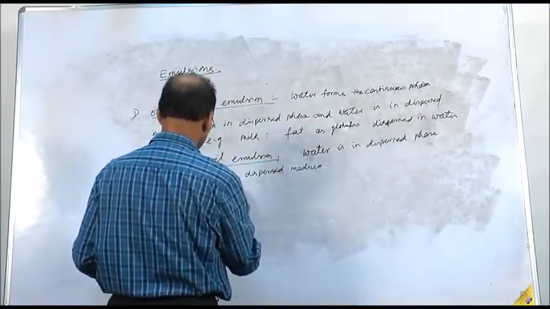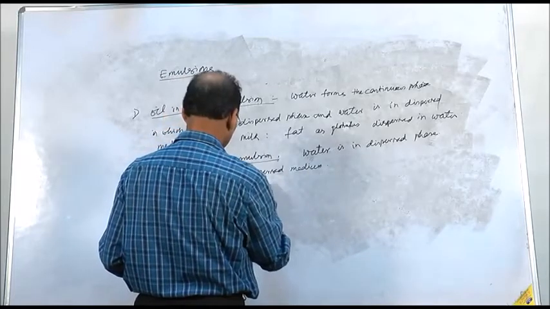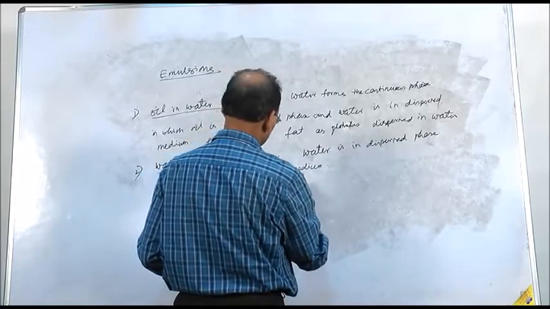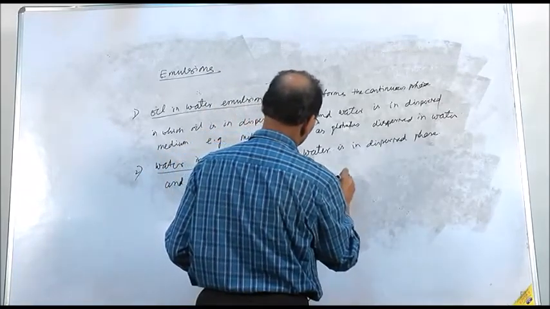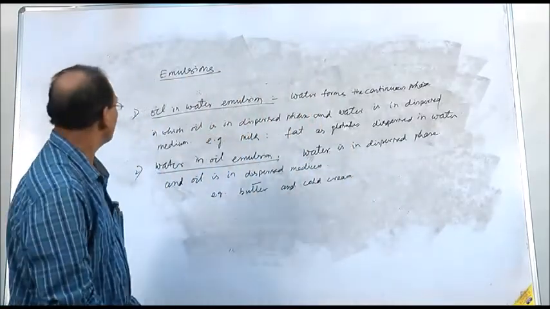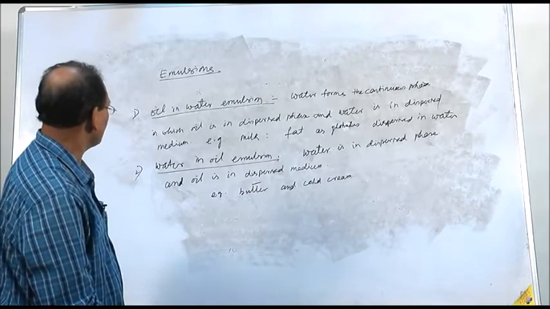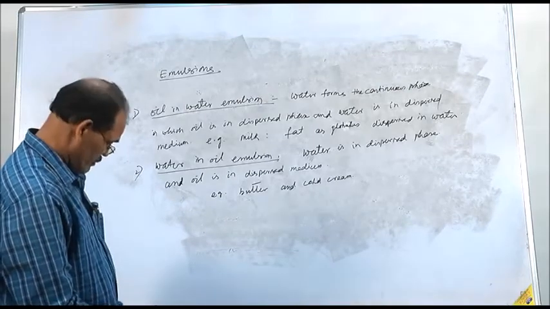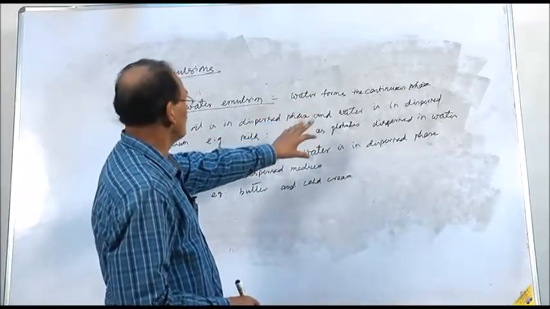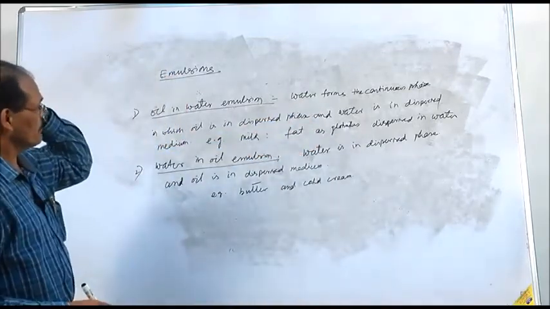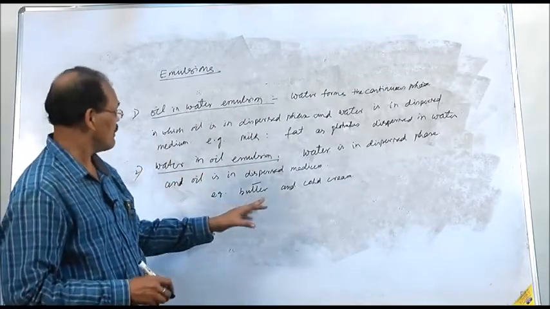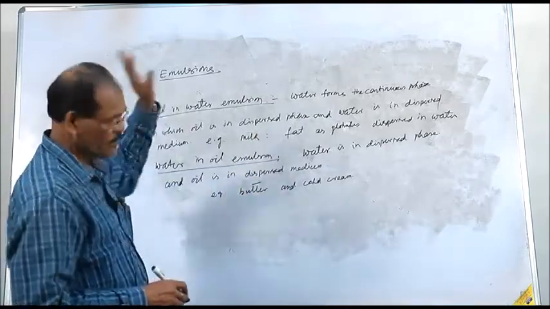For example, butter and cold cream. So both the patterns, oil in water emulsion and water in oil emulsion, have either the continuous phase or the discontinuous phase, which is the dispersed phase. So both will form the emulsions.